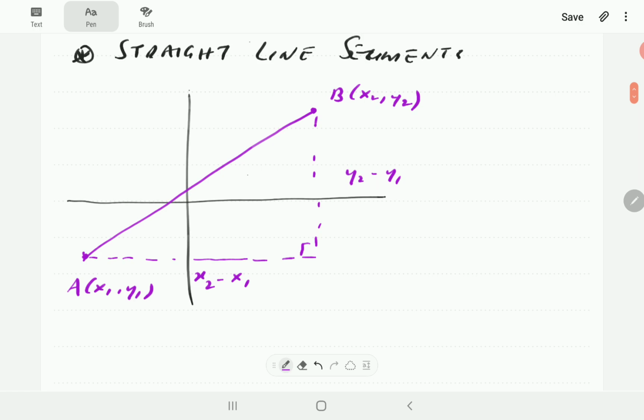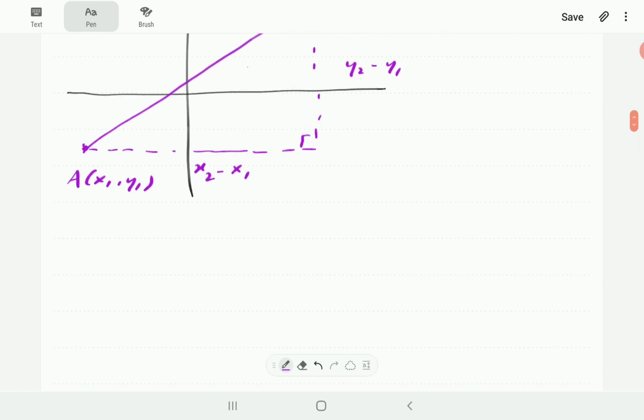So then the length of AB by Pythagoras is going to be AB squared equals x2 minus x1 all squared plus y2 minus y1 all squared.